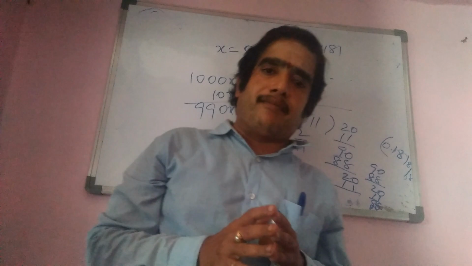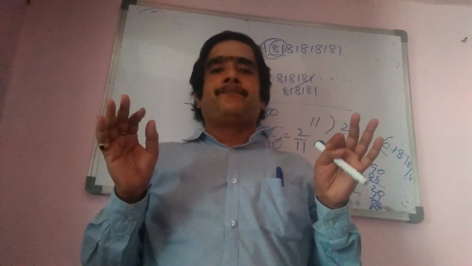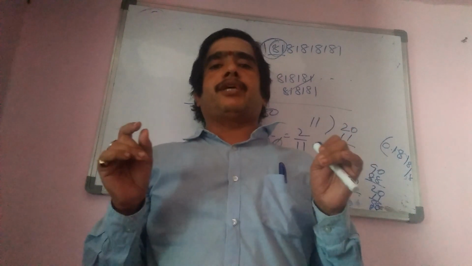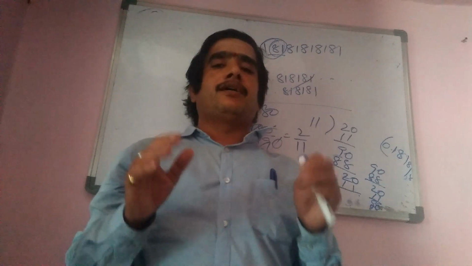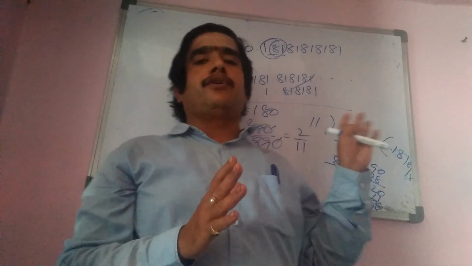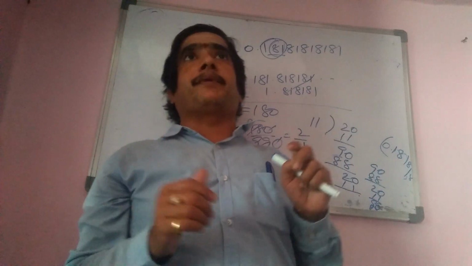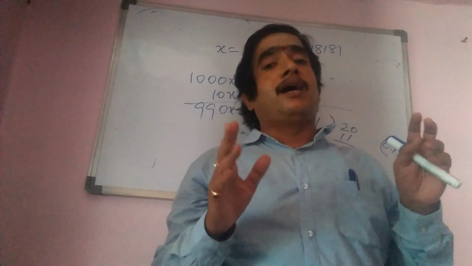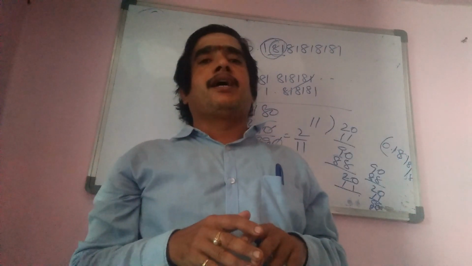Children, in the rational numbers chapter, you have the properties: closure property, commutative property, associative property, identity property, inverse property, distributive property. After that, you have the representation of rational numbers on the number line. After this one, the first chapter will be completed.